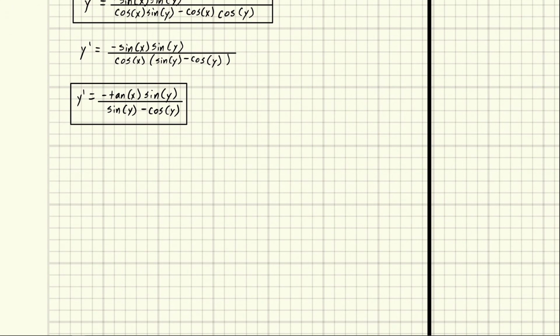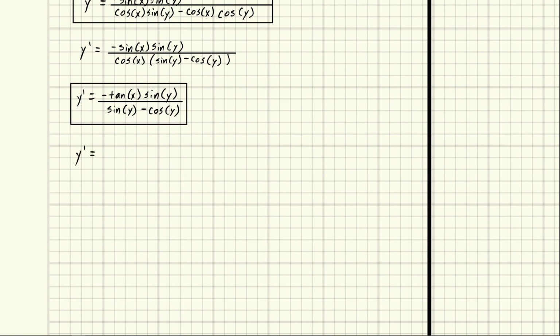So since these both have sine y's on the top and bottom, we could divide everything by sine y. And it would have the effect of turning this to 1, removing this entirely, and adding a cotangent right here, which could actually be pretty pleasant, I think.